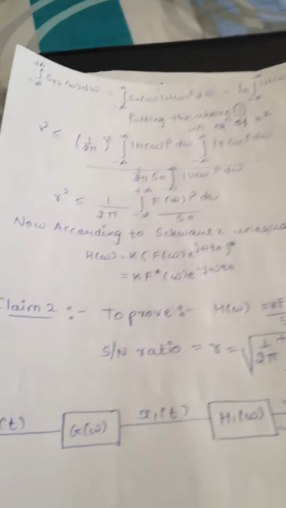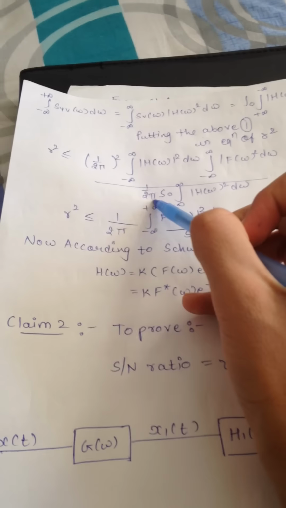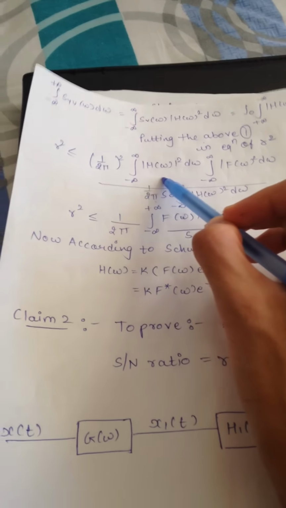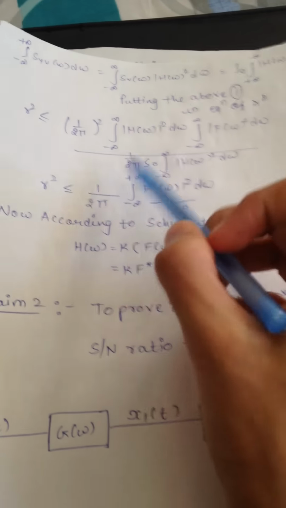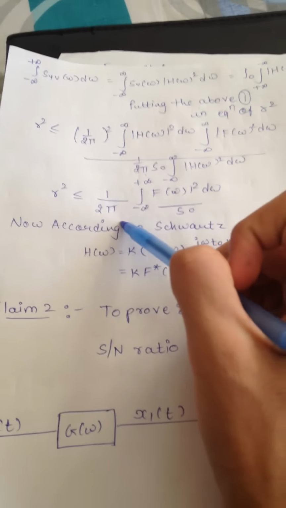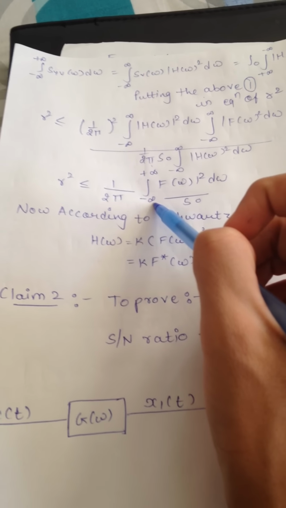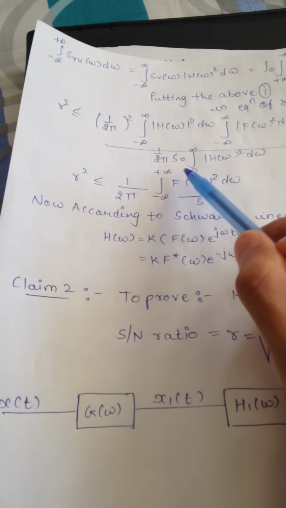Now we can cancel 1 upon 2 pi and 1 upon 2 pi from the given equation, and also cancel this term from numerator as well as denominator. So we get the final result as R square is less than or equal to 1 upon 2 pi, integral from minus infinity to infinity of this term upon S_v(w).